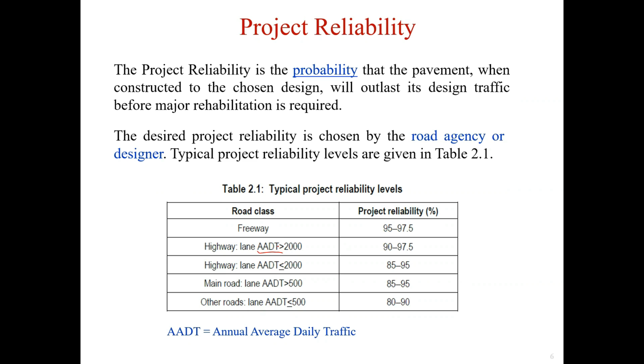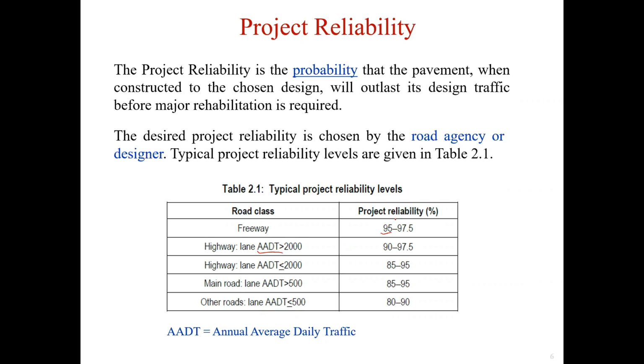Here in the table, for a freeway you might design for a reliability of 95%. If you choose that, it means 95 out of 100 constructed pavements of that design will outlast the design traffic. So there's only a 5% chance that the pavement will be distressed within the design period. The reliability levels that people use are often related to the importance of the road.